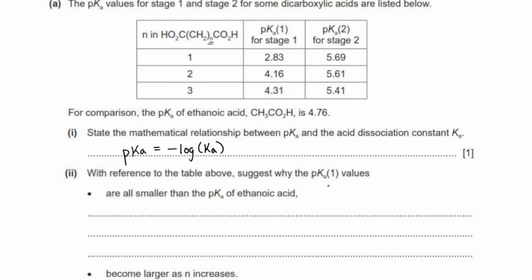Well, as we can see, the diacids have 2 electron withdrawing groups, and ethanoic acid has only 1 electron withdrawing carboxyl group. So we can write about that.